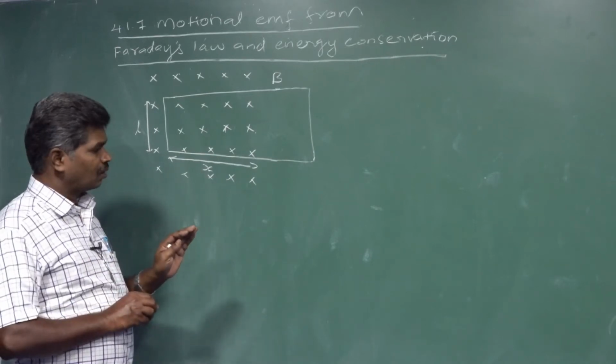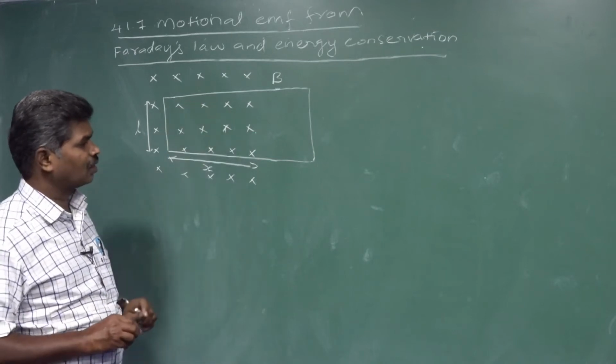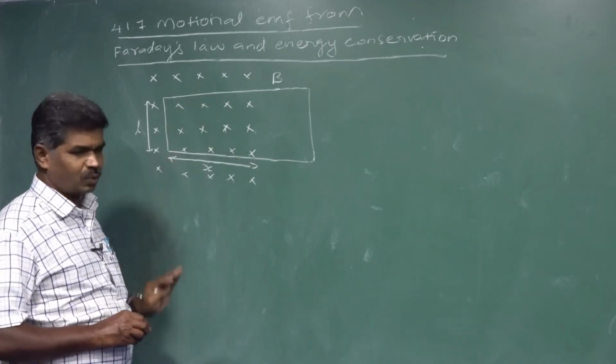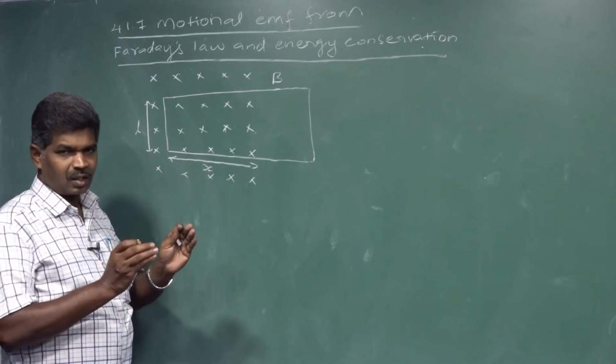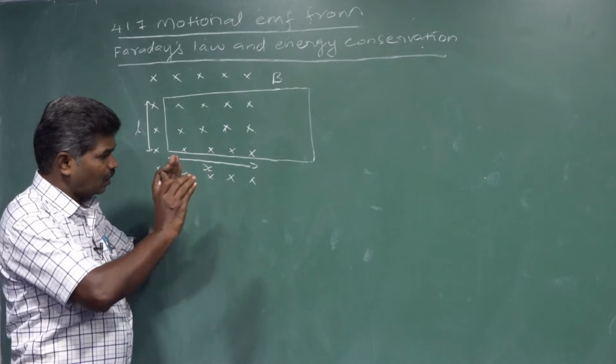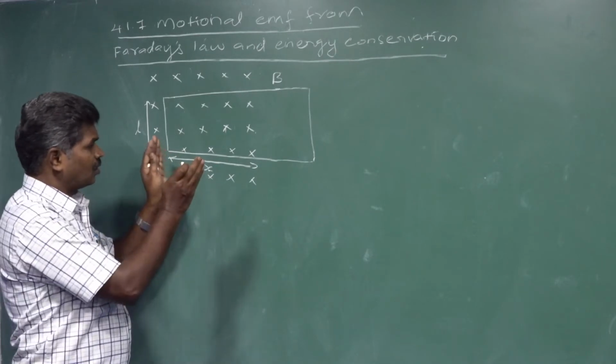Initially, we place the rectangular loop inside the magnetic field, which means the loop is at rest.